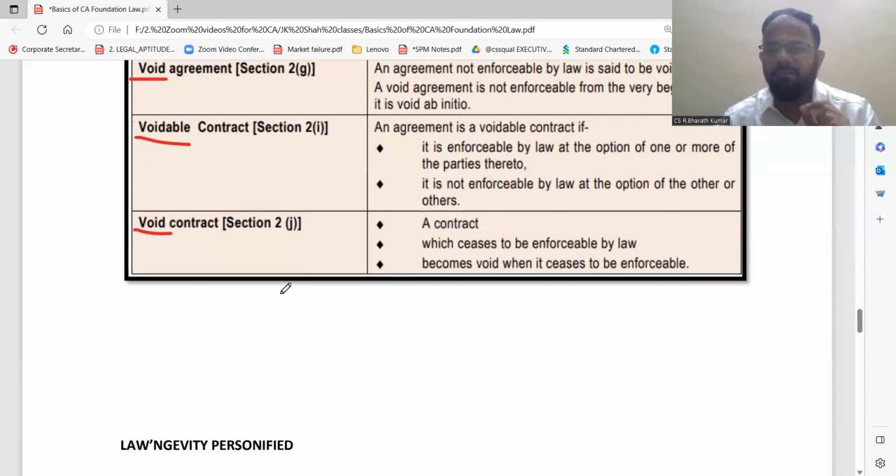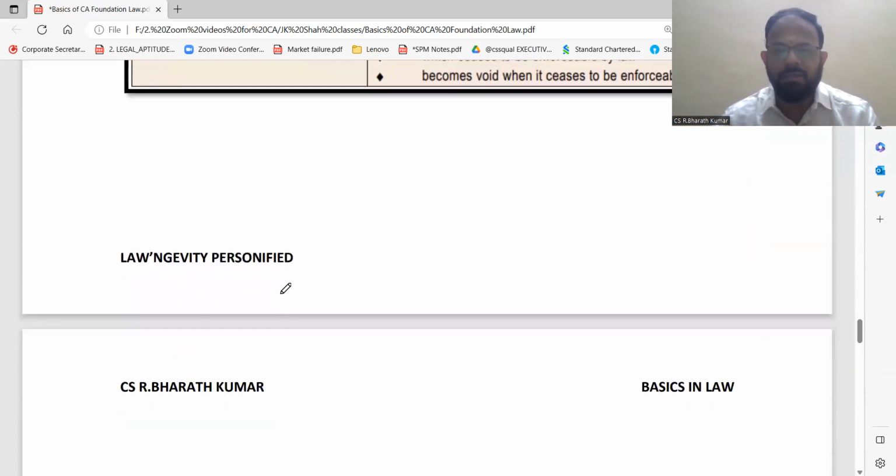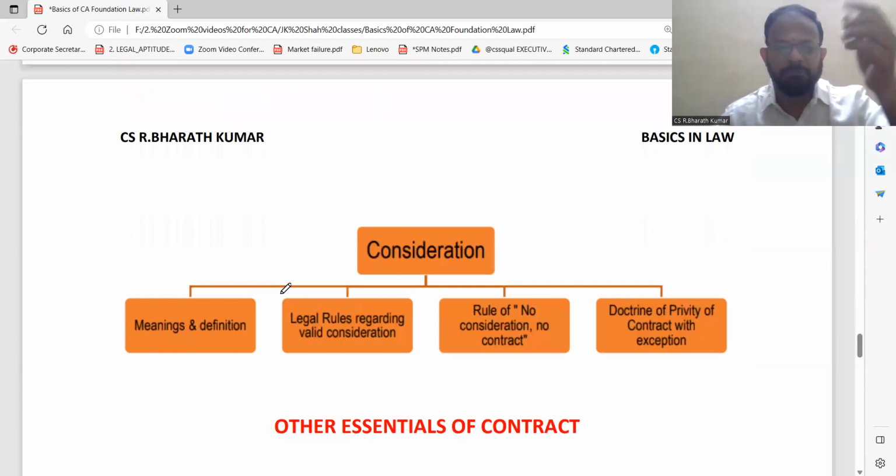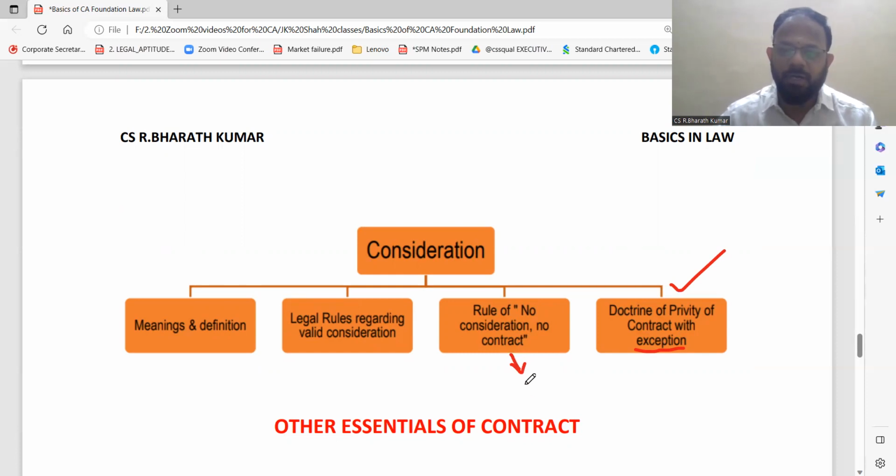So these are the keywords, the maxims, the jargons that we try to use. I was just talking about consideration, concentrating on that. I told you the doctrine of privity of contract with exceptions, and nudum pactum, which is called no consideration, no contract. And you also have exceptions to it. In simple words, if there is no consideration, there is no contract.